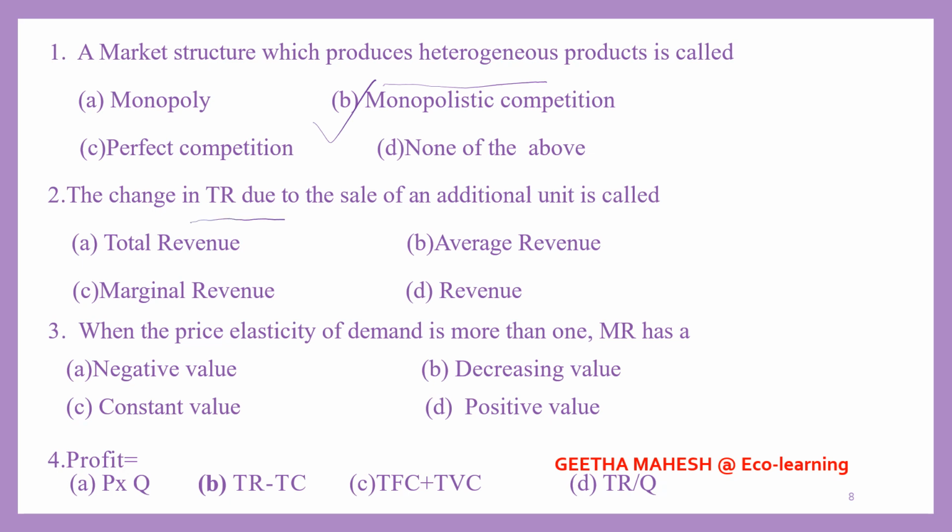Change in TR due to sale of an additional unit is called marginal revenue. When the price elasticity of demand is more than 1, then marginal revenue has a positive value. The profit is equal to TR minus TC.